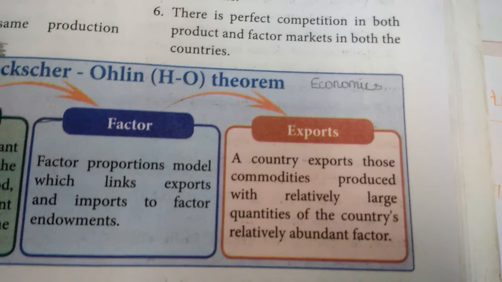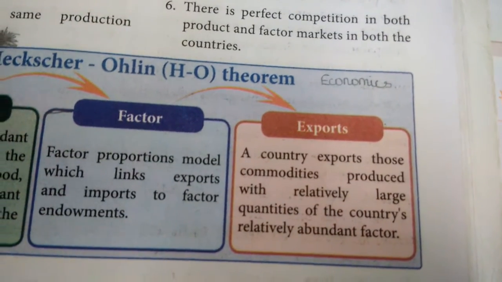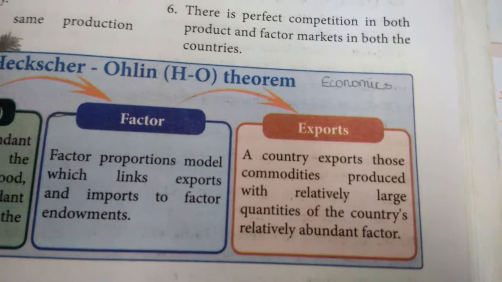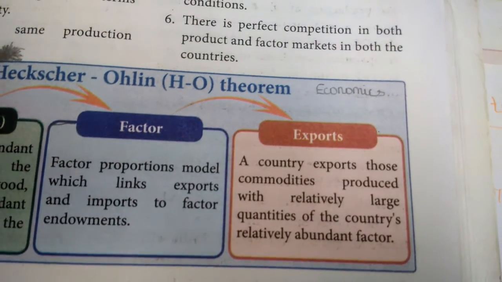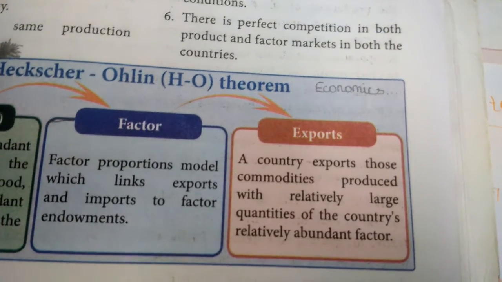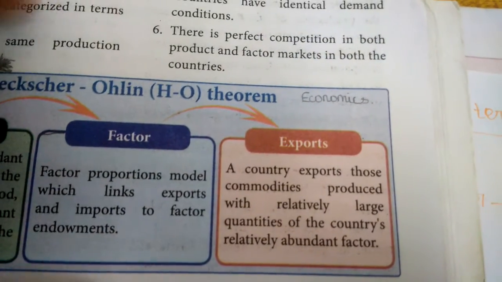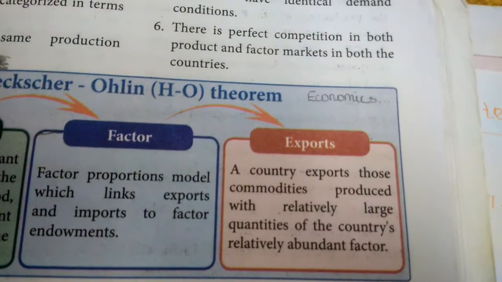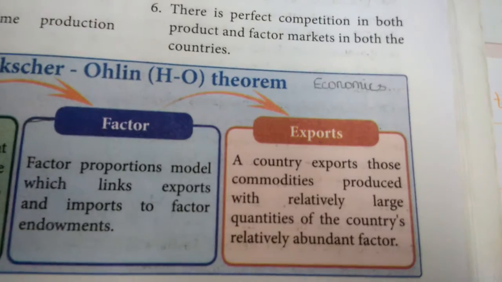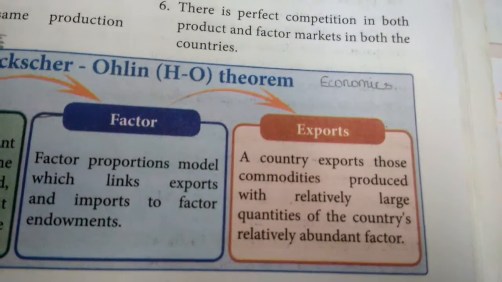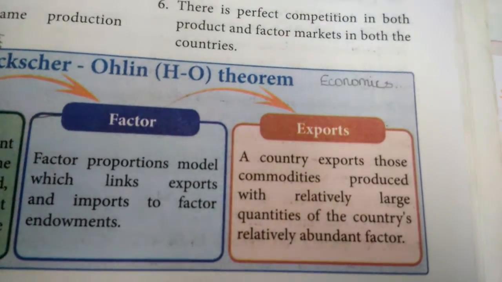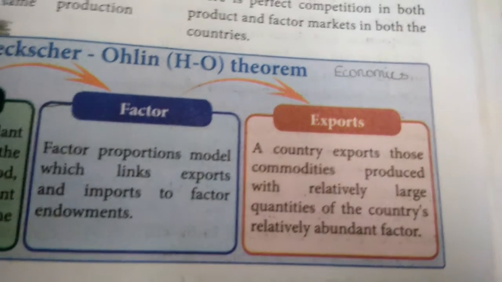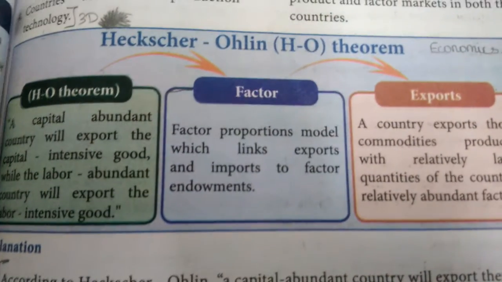Suppose America has more capital intensive goods; America will export capital intensive goods to India, and India will export food items to America. So by using the abundant factor endowment, these nations are able to export to other nations.